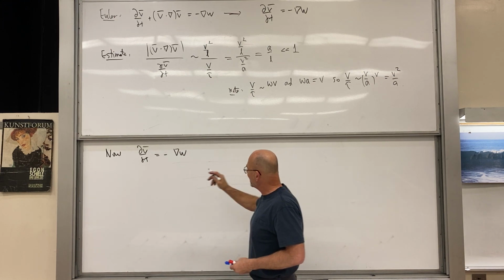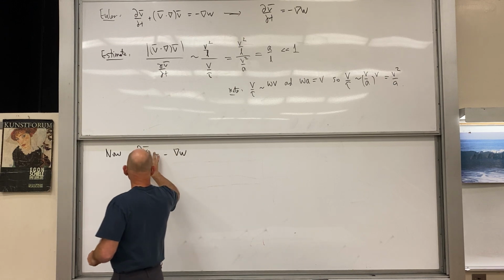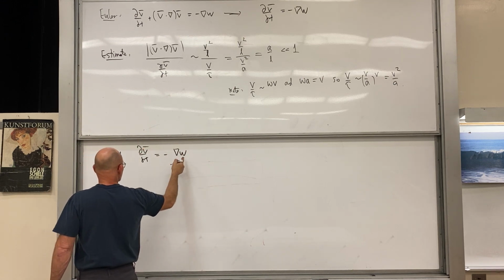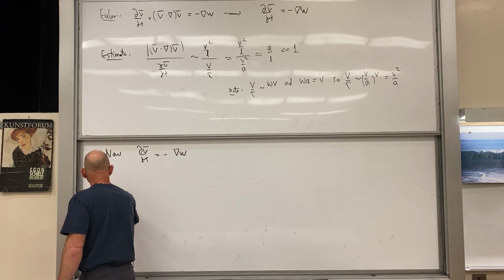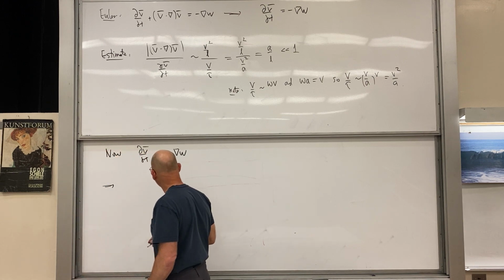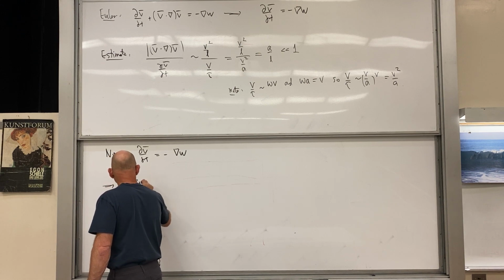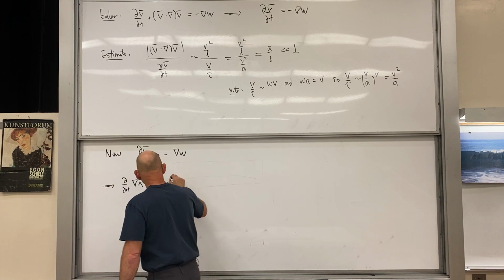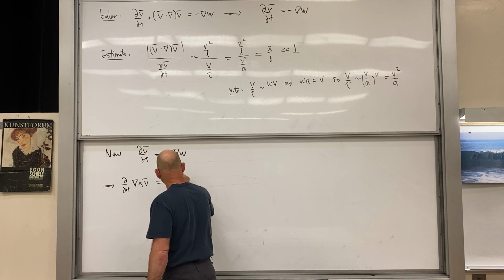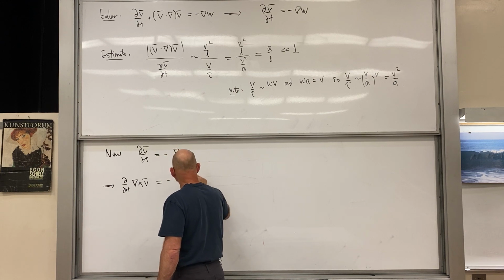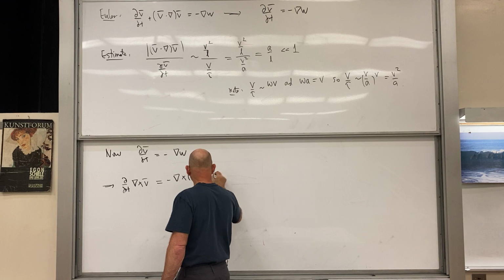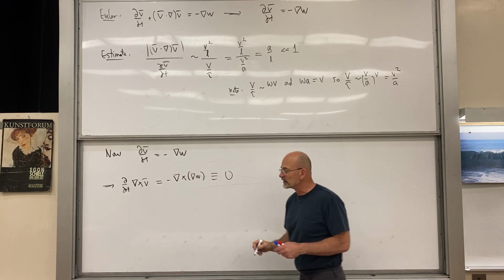But what we can do is this. dV dt is minus gradient W, and I can take the curl of both sides, therefore d dt curl of V is equal to minus curl of gradient W, which of course is identically equal to 0.